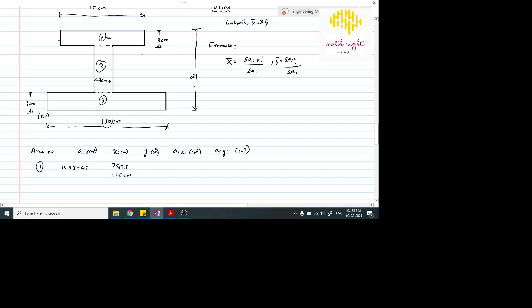So 18 plus 1.5, which is equal to 19.5 centimeter. Since this base is 3 centimeter and here it is 15, total 18. From the origin, the center point of this rectangle is 1.5, but from the origin its distance is 18, that is 15 plus 3, 18 plus 1.5, total 19.5.